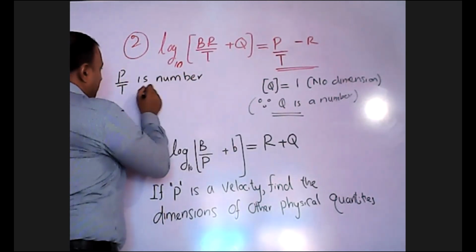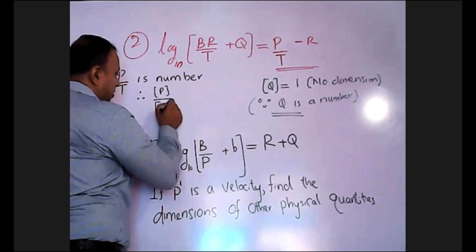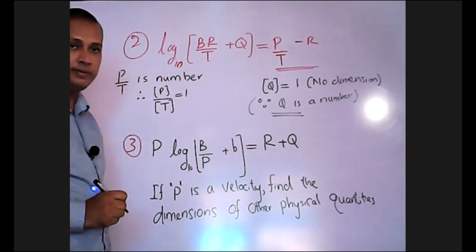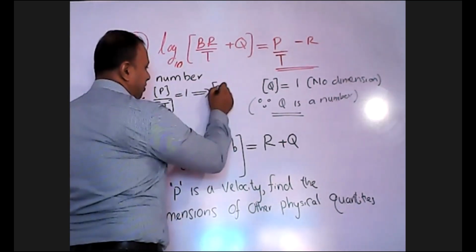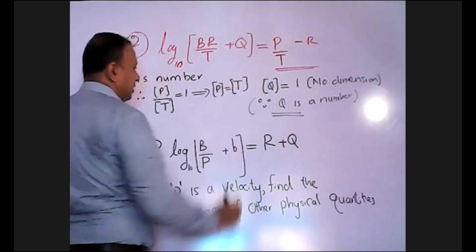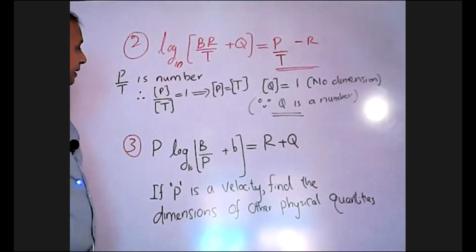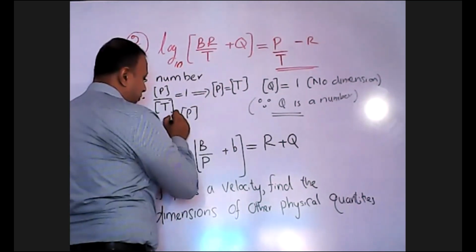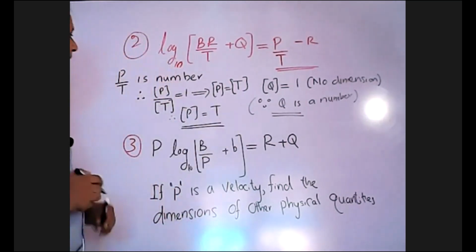Therefore, the dimension of P over the dimension of T is equal to what? Using cross multiplication, the dimension of P is equal to capital T.